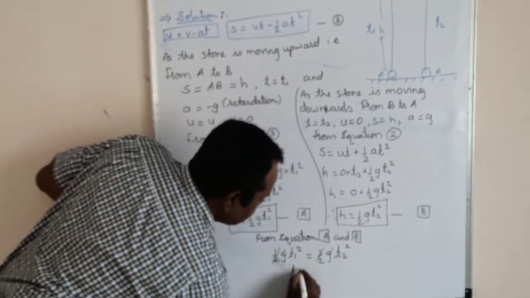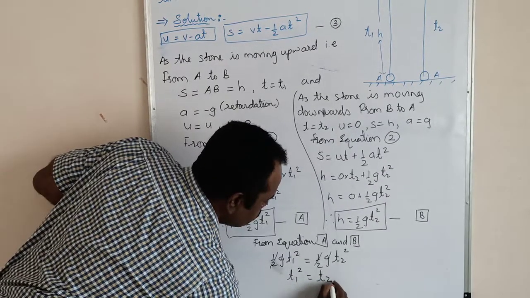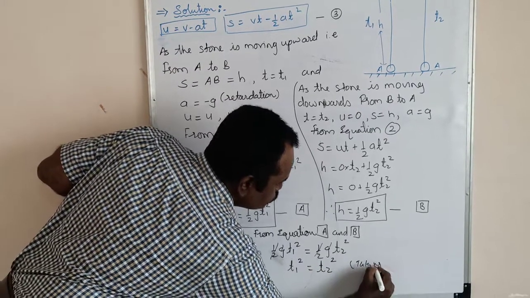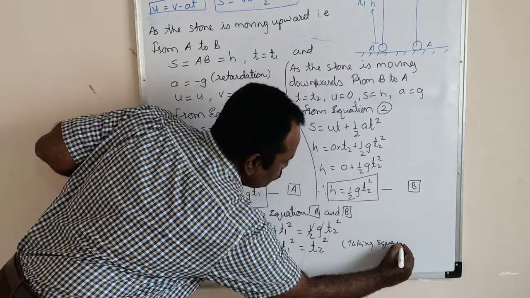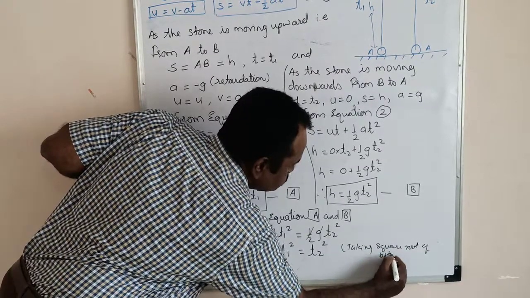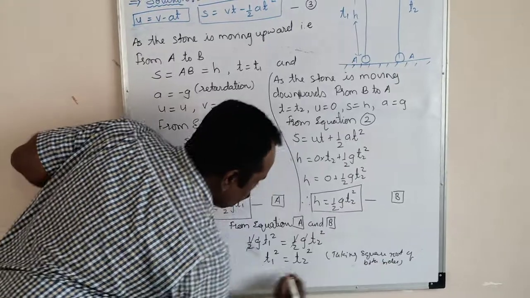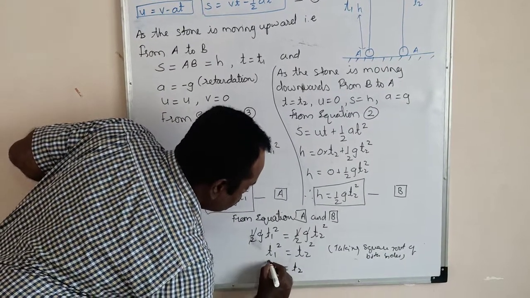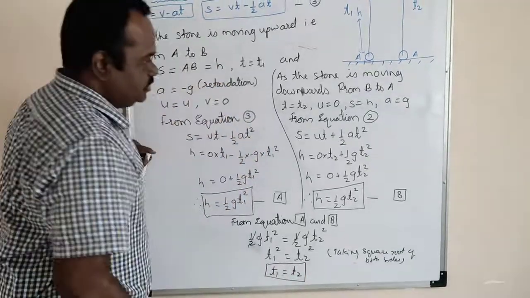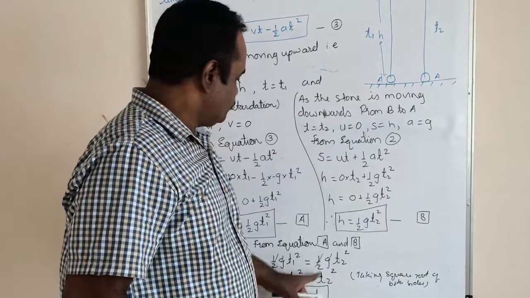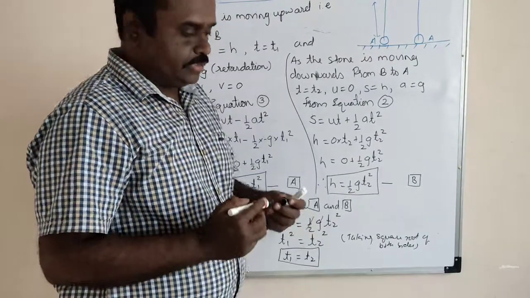Half g gets cancelled, and we get T1 square equal to T2 square. Taking the square root of both sides, as both are positive, we get T1 equal to T2.